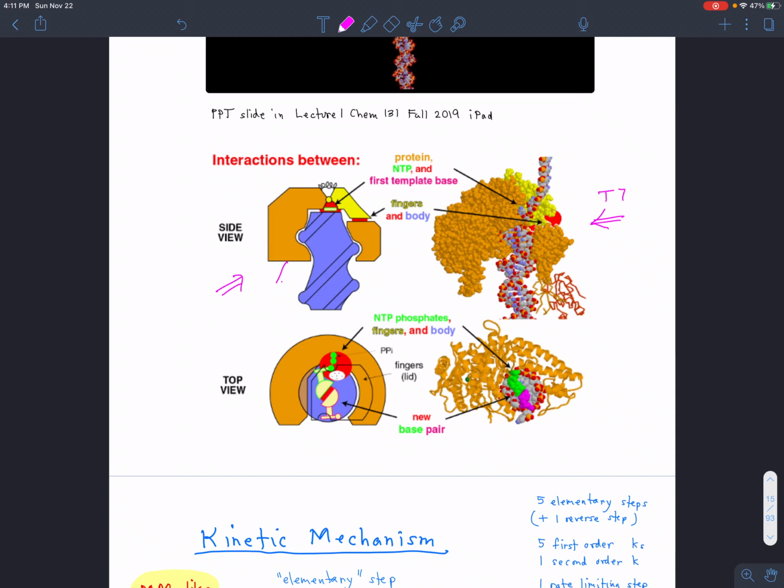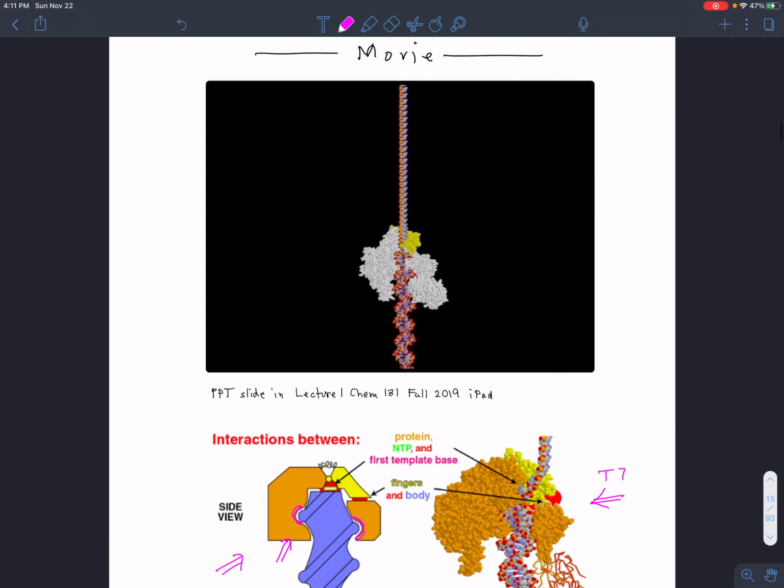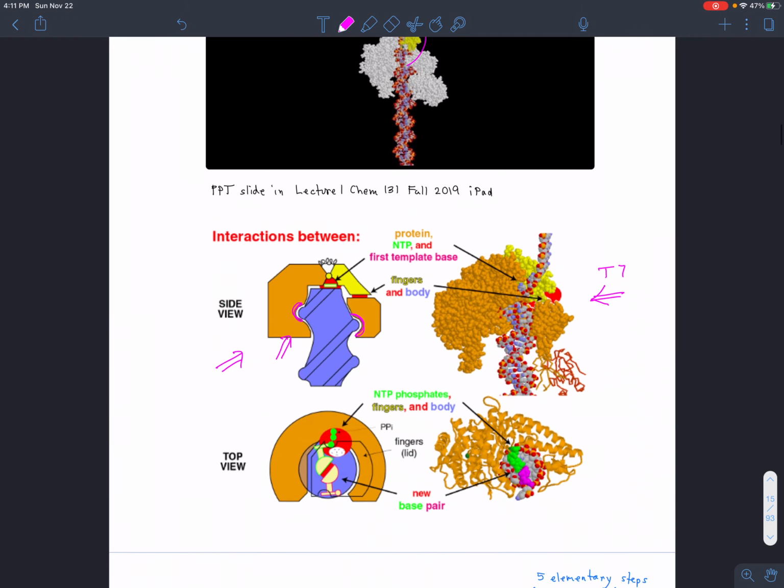First of all, this brown thing here, that's the body of the polymerase. And it shows it fitting into these grooves on the DNA, into the backbone of the DNA. And you could see in this movie up here that it seemed to sort of spiral around the DNA, sort of like a nut on a threaded bolt. And that's exactly what happens.